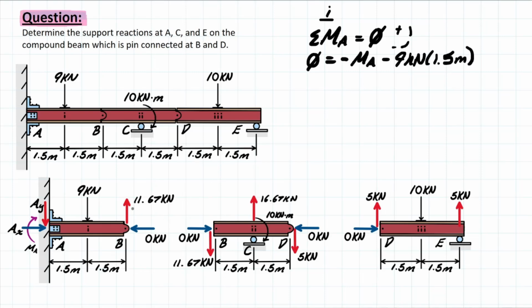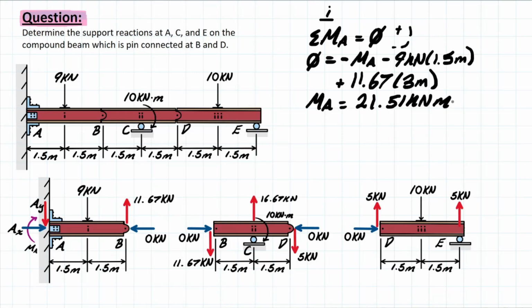And you have the By drawn in the opposite direction with respect to segment 2, and that is going to be creating a positive rotation, or a counterclockwise rotation. Sorry for my French there. Counterclockwise rotation, which is 3 meters away. Then solving for MA, you are left with 21.51 kilonewton meter.